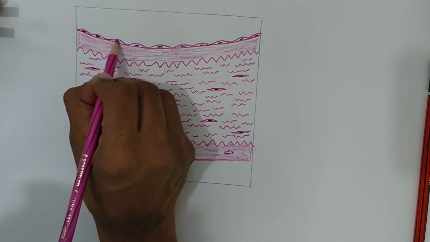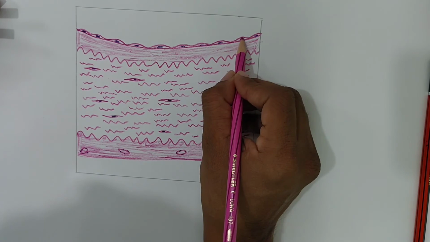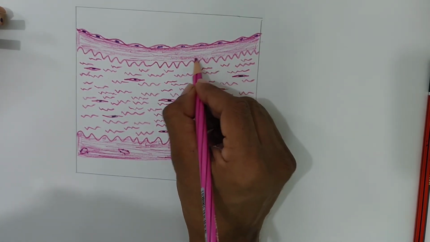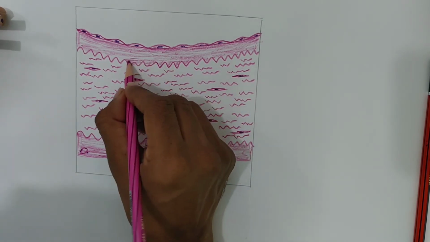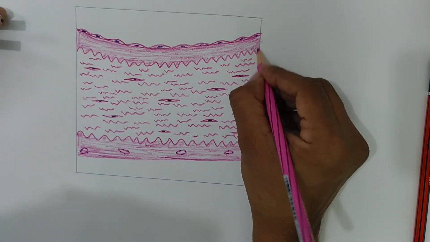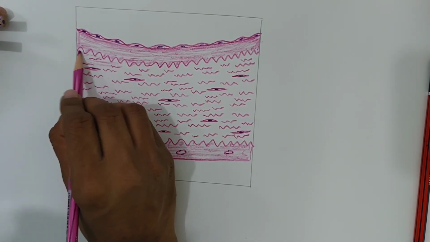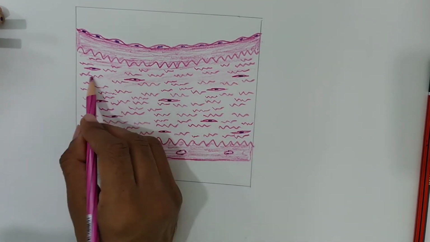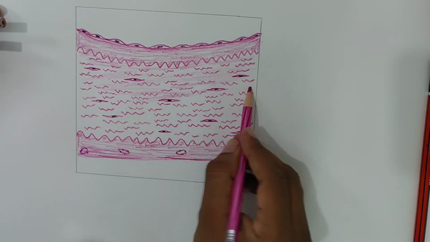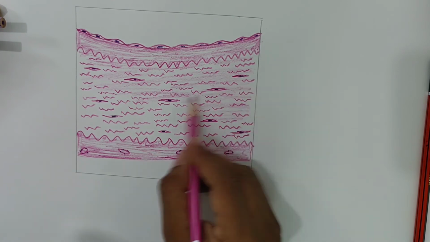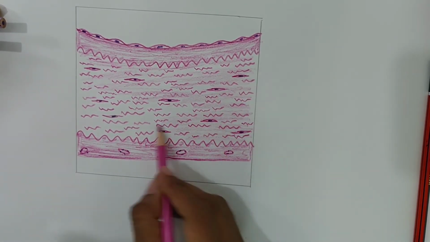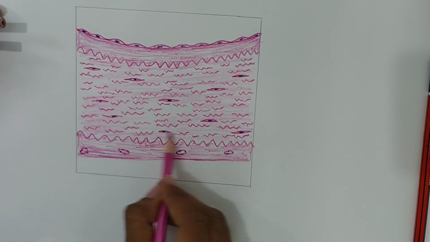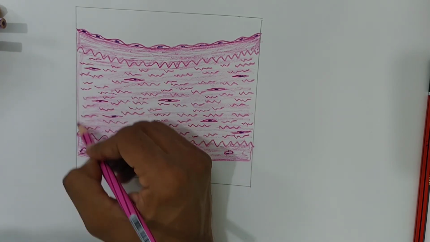So let's make it more beautiful. Due to dense elastic fibers, most of the time we are not able to differentiate the internal and external elastic lamina.